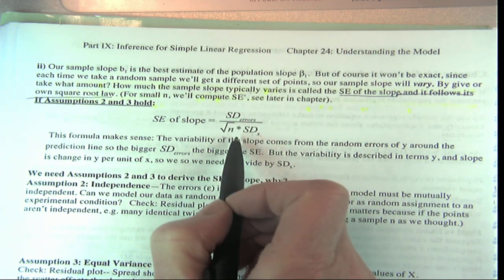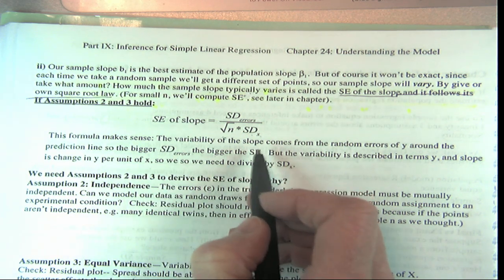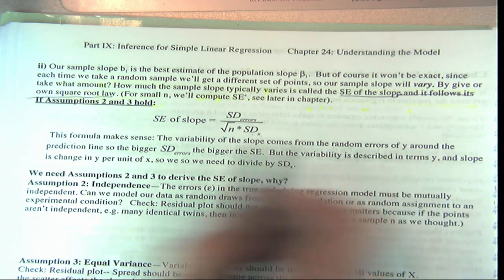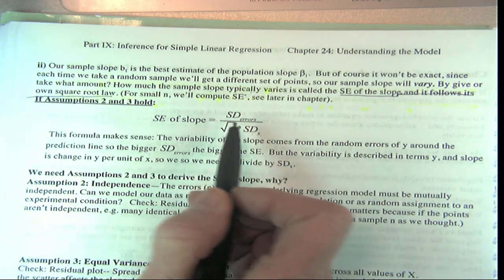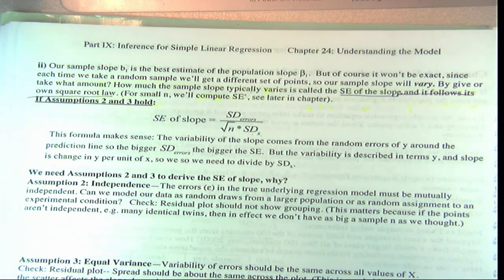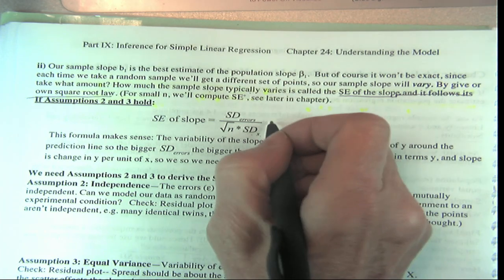Why do we have that? Well, the formula makes sense. The variability of the slope comes from the random error of the y's around the prediction line. So the bigger spread you have around your prediction line, the more your slope is going to vary, right? So let's look at this.